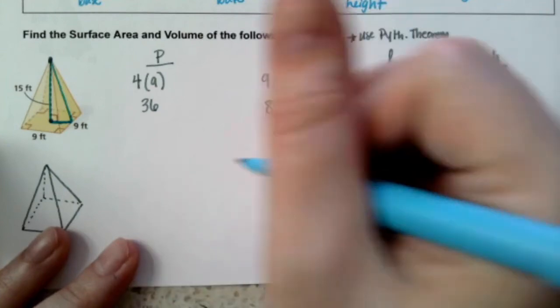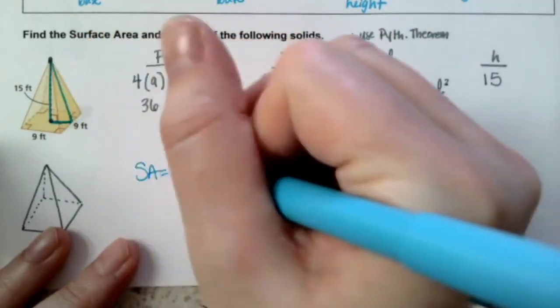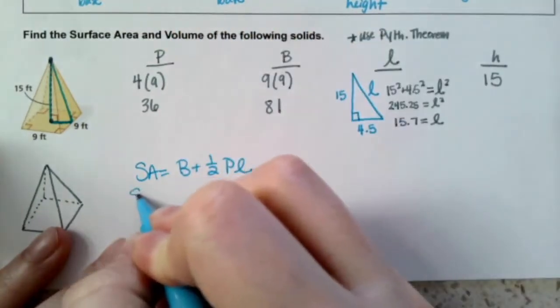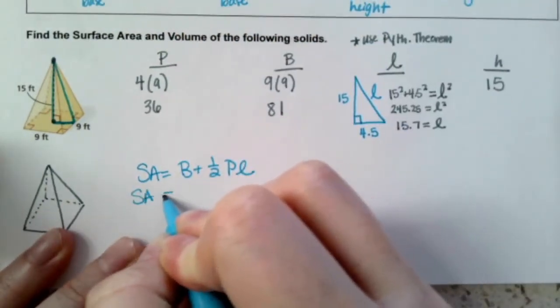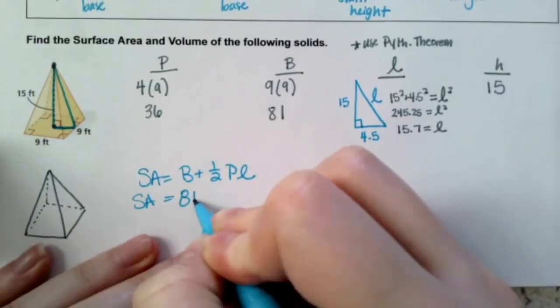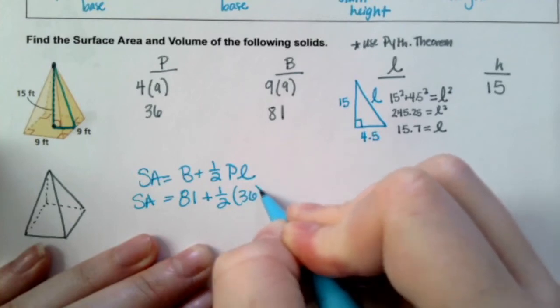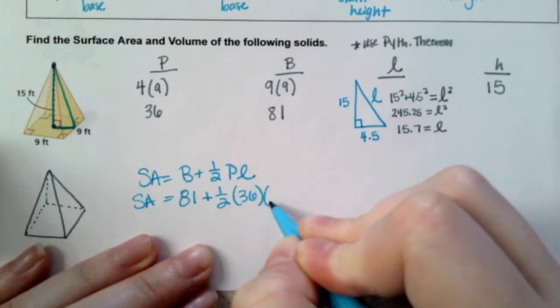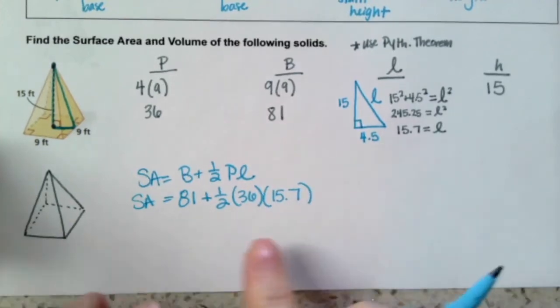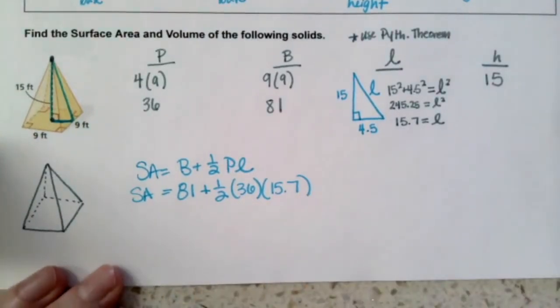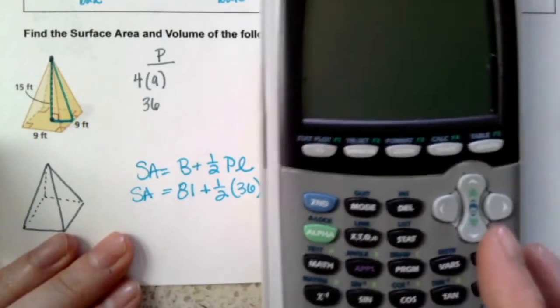So when I plug these in, my surface area formula, I get B, which is 81, plus 1/2 P, which is 36, and L, which is 15.7. And you can plug this entire thing into your calculator. I actually changed the 1/2 part to 0.5.